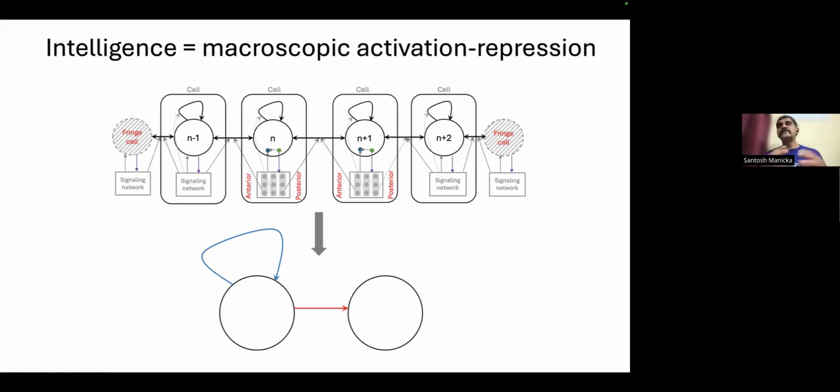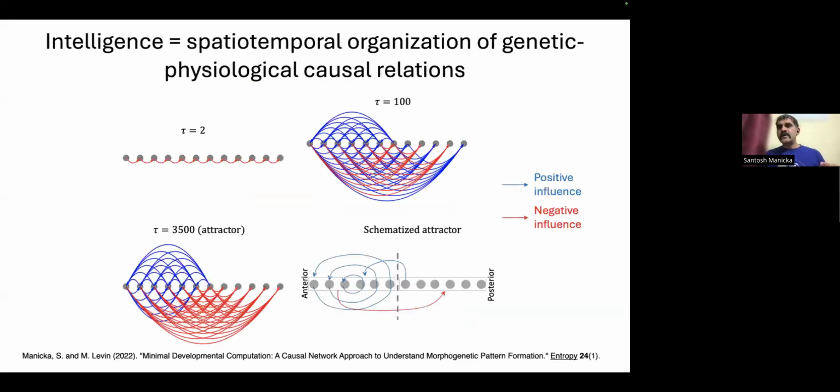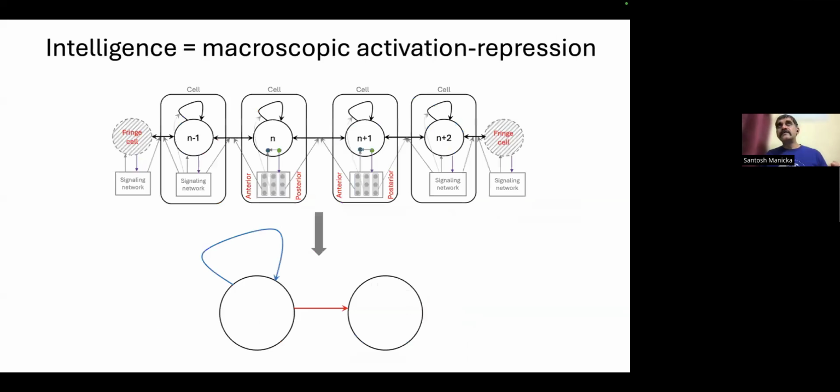You can still consider the physiological state as a readout, because the axial gradient is basically a pattern of the physiological state. So that's what you're interested in. There is, in a sense, a sort of hidden state here.